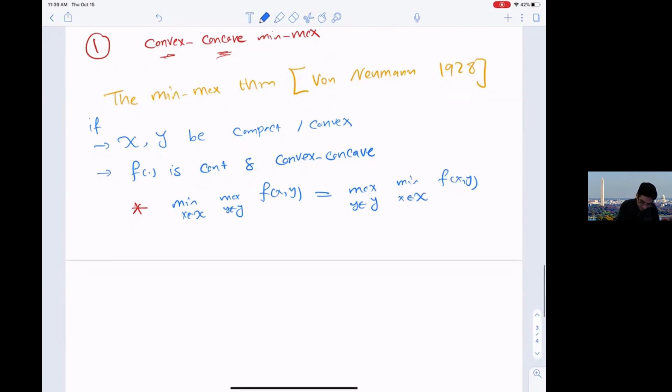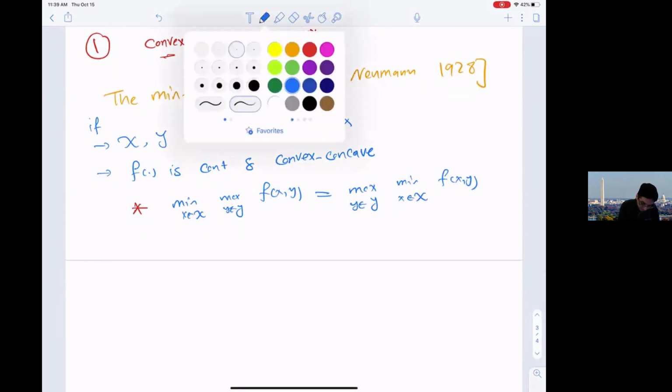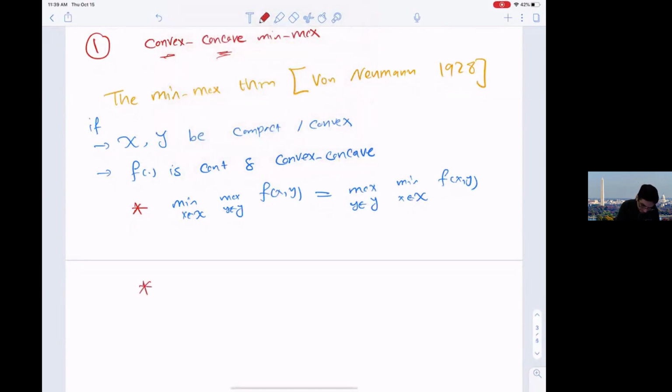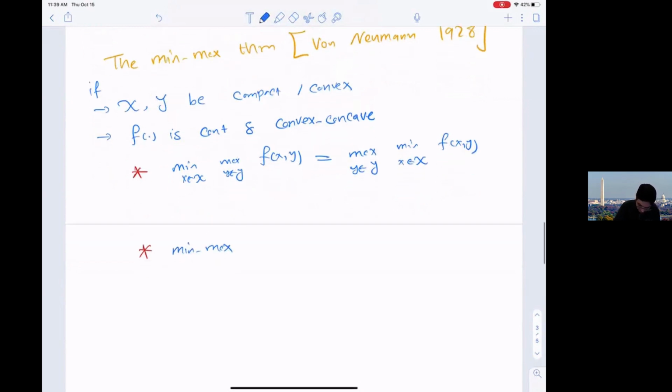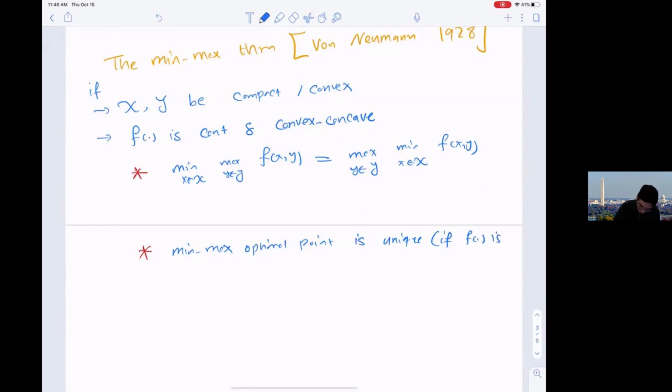Okay, another consequence of this result is that, in fact, the solution is unique, kind of unique. So the min max optimal point is unique, unique if f is strictly convex concave.